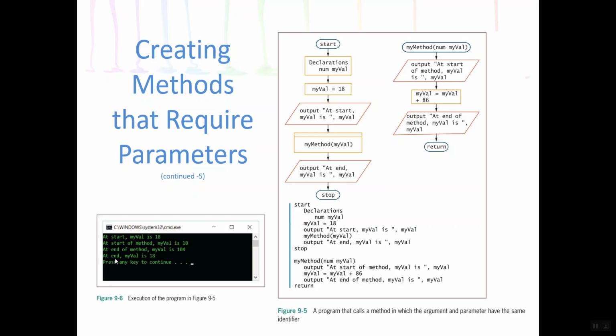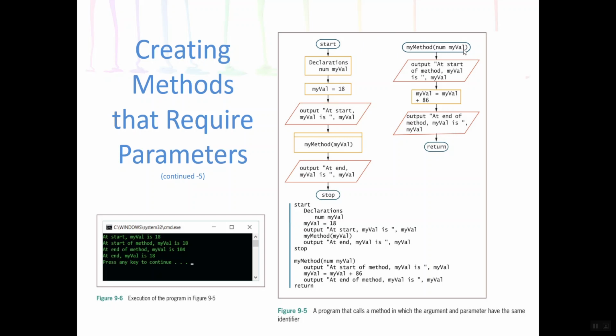This may or may not be a surprise to you. At the very end of the output of this program, this last line here is coming from main, and it says at the end myVal is 18. That's because they're driving home the point that main has its own copy of variables, regardless of the fact that myVal is the same identifier name in both main as well as my method's parameter, myVal.